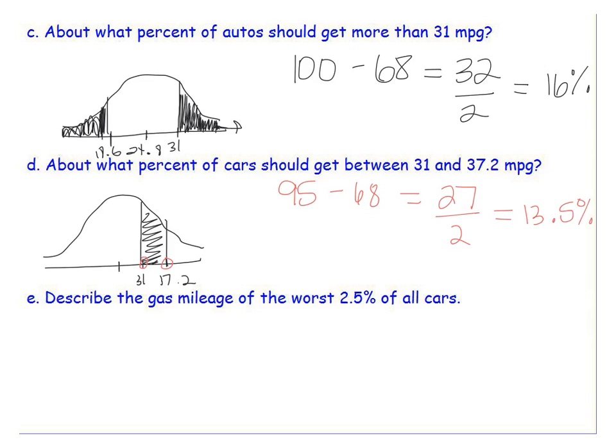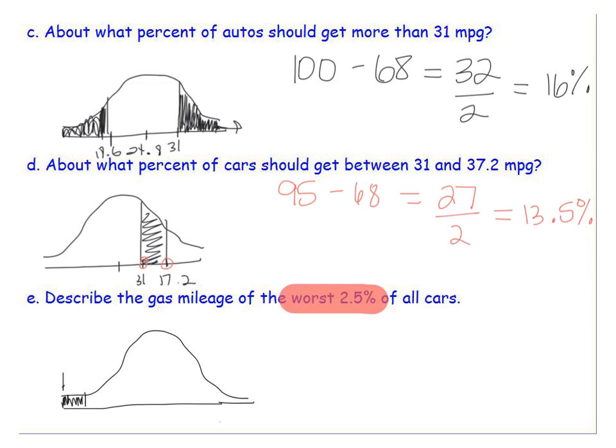Describe, now we're working backwards, describe the gas mileage of the worst 2.5%. So there's one important keyword there, worst 2.5%. So in terms of a picture, worst is obviously the low end. So the worst 2.5% would be here all the way this way.